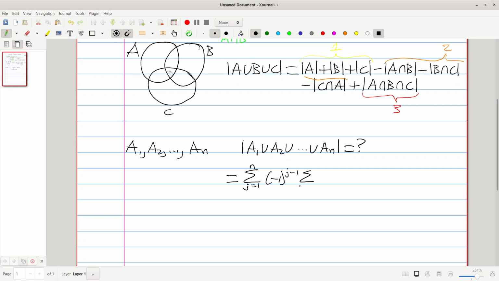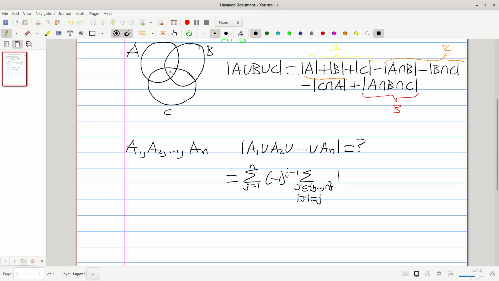So we're looking for all subsets big J of the set of indices 1 to n, where the number of elements in big J is small j.